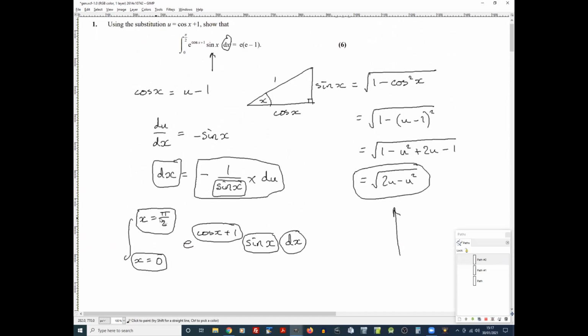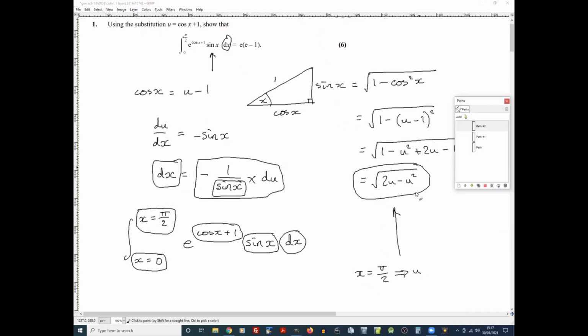Oh, we haven't done this conversion. X equals pi over 2 is going to give us a u value of... So what time on the clock is pi over 2? 12.